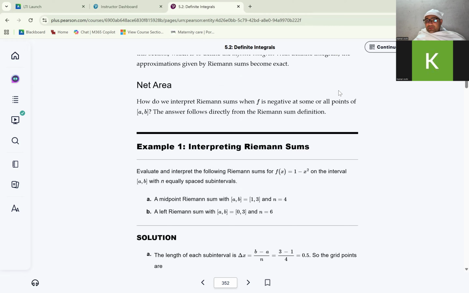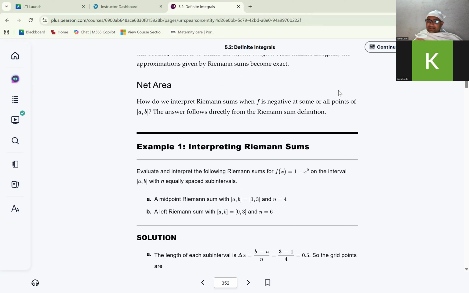Now, what if some part of the curve is above the x-axis and some part of the curve is below the x-axis? In that case, we have to be very careful how we interpret the concept of area.